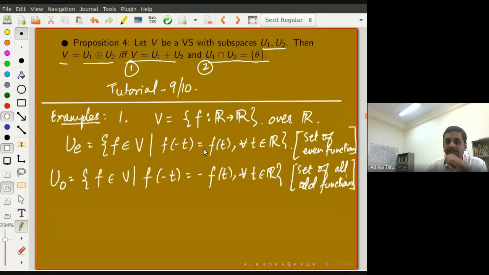Again, try to convince yourself that this is not just a set, but it is a subspace. Are you all convinced that these are not just subsets, but they are subspaces?